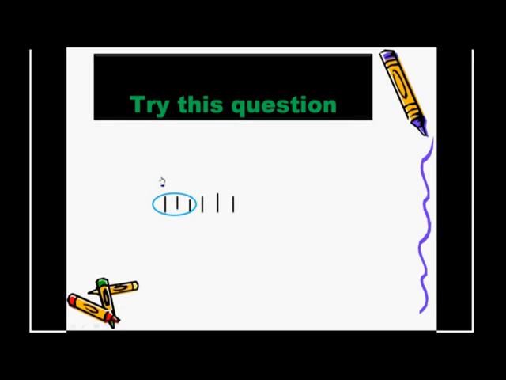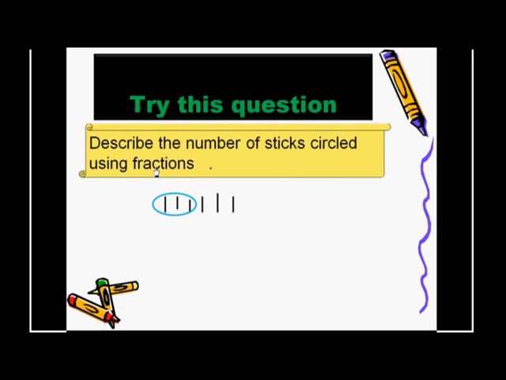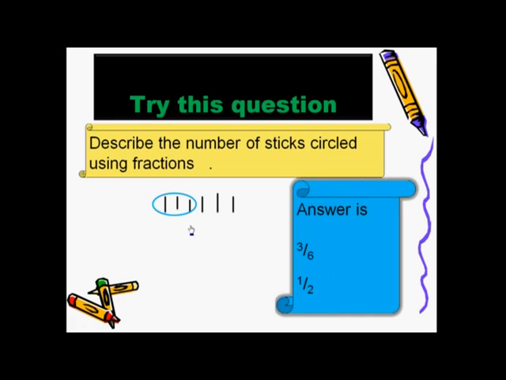Now try this question once again. Describe the number of sticks circled using fractions. Look carefully, then you describe. So once again, pause your video and try. Did you get these answers? 3/6 or a half?